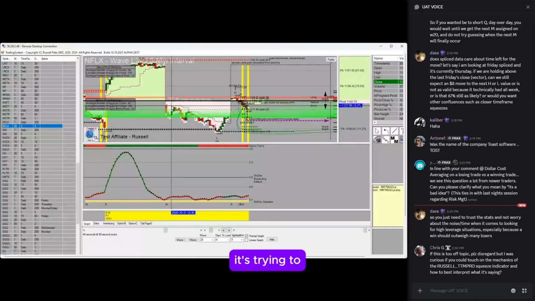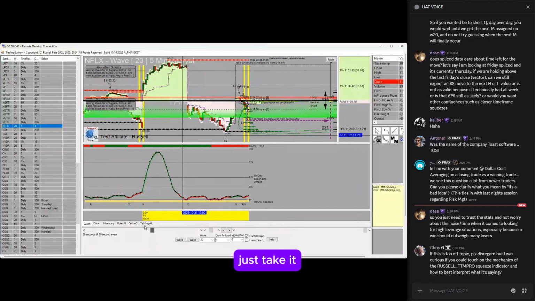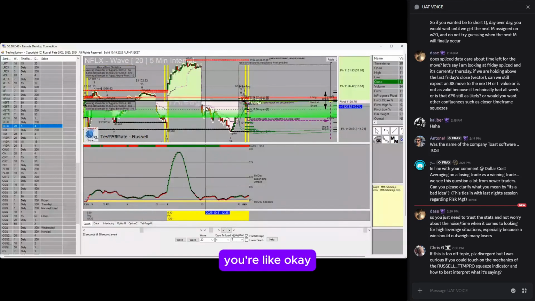So it's trying to keep the price short. It's trying to keep the price quelled, pushed down on. So if you look at the system and just take it for what it is, when you're underneath the vector, you're like, okay, I'm short until proven otherwise.